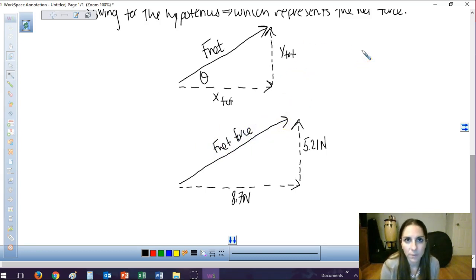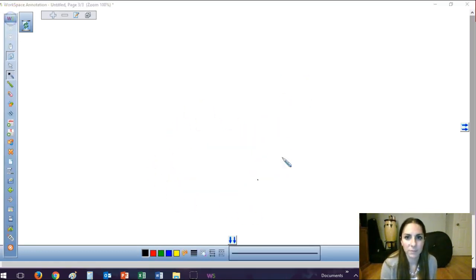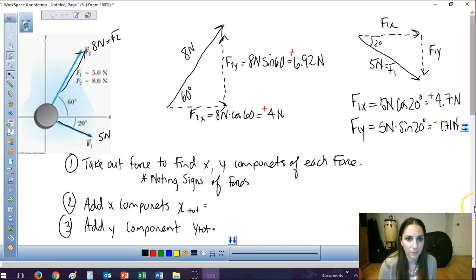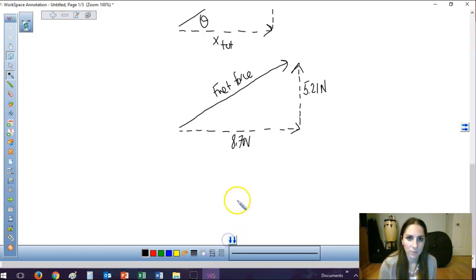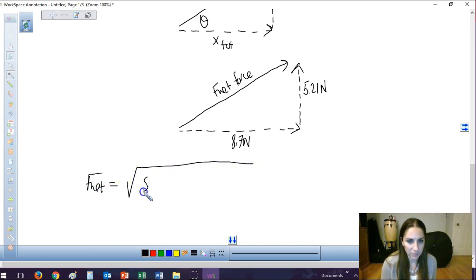The best way to solve for this without an angle is the Pythagorean theorem. I like to do the Pythagorean theorem in one step, but note you are in fact doing it. If I take the square root of the squares of the sides of the triangle, we can do it in one step.